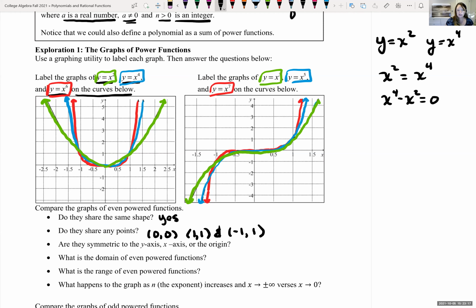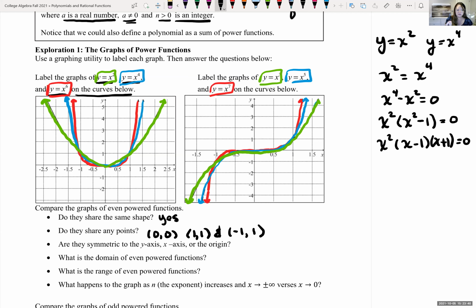Looking at this, I notice I can factor this. If we pull out x squared from both of those terms, we will get x squared times the quantity x squared minus 1 equals 0. I noticed x squared minus 1 can be factored as x minus 1 times x plus 1 equals 0.